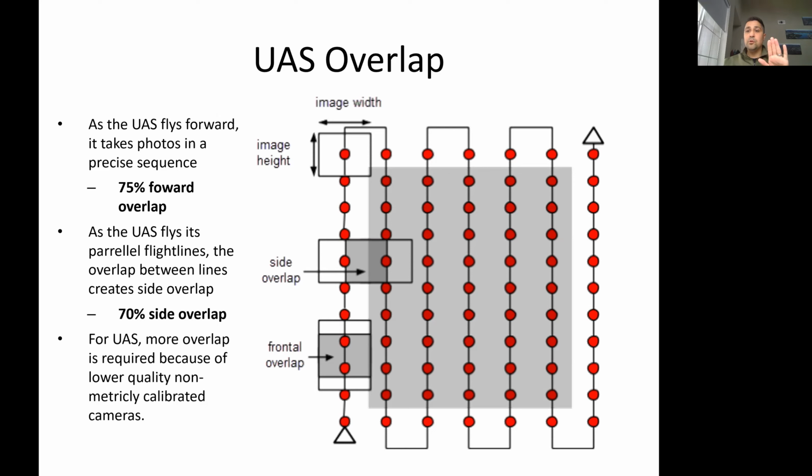So forward overlap is as the drone is flying in a straight line and the pictures are being taken in sequence in the same line. Side overlap would be side by side, pictures that are side by side. And in that case, we're looking at 70% side overlap.